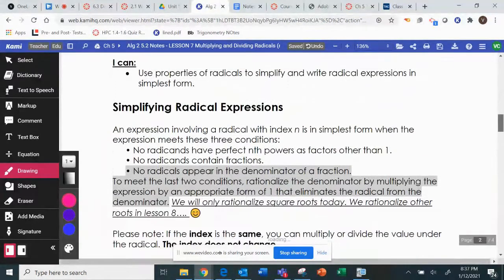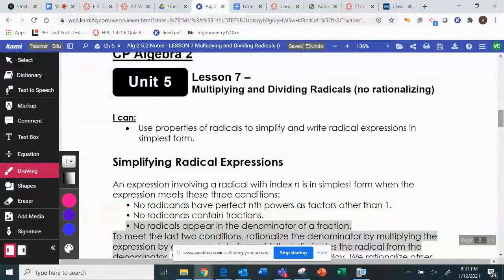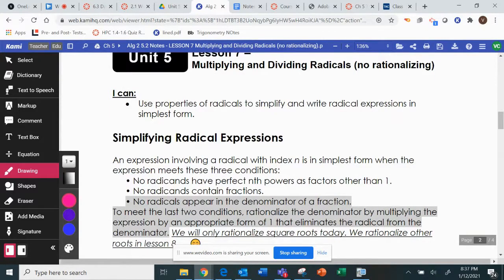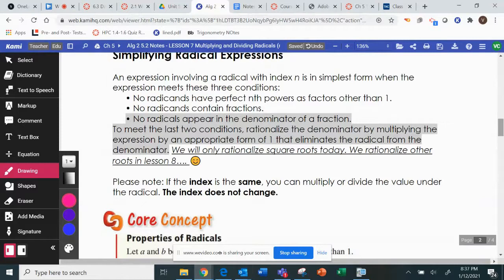All right. We're going to simplify radical expressions, and today we're multiplying and dividing radicals. And then we're not going to do what's called rationalizing. That will be another lesson. So if we're going to use multiplication or division, an expression that involves a radical with an index n is in simplest form when the expression meets these three conditions.